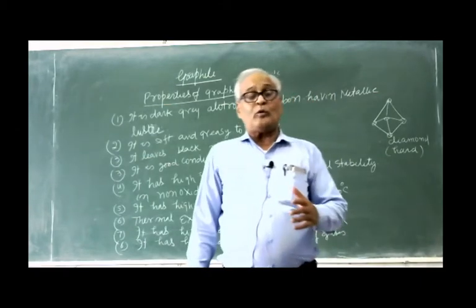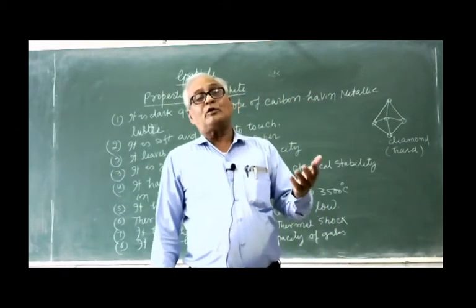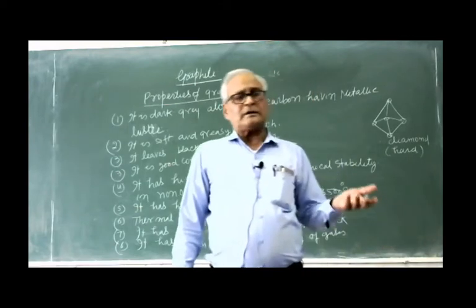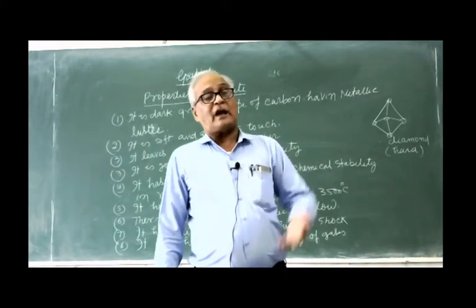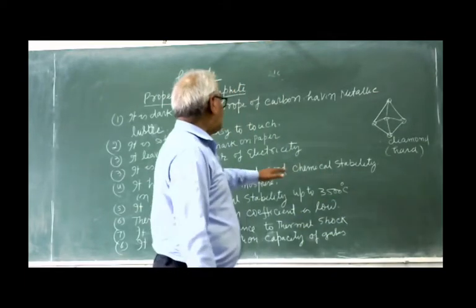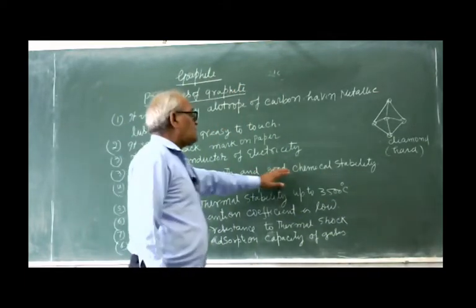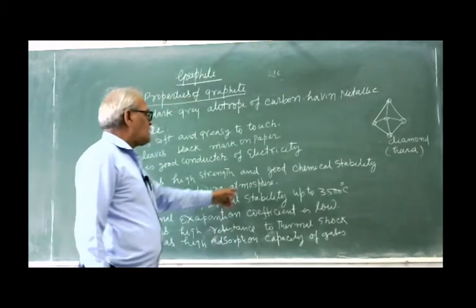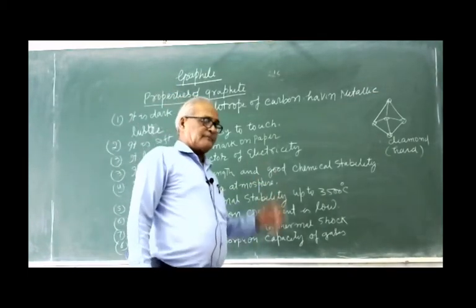There is no effect of dilute acid and dilute alkali, but no doubt graphite can be oxidized. So chemical stability of the graphite is only in non-oxidizing atmosphere.